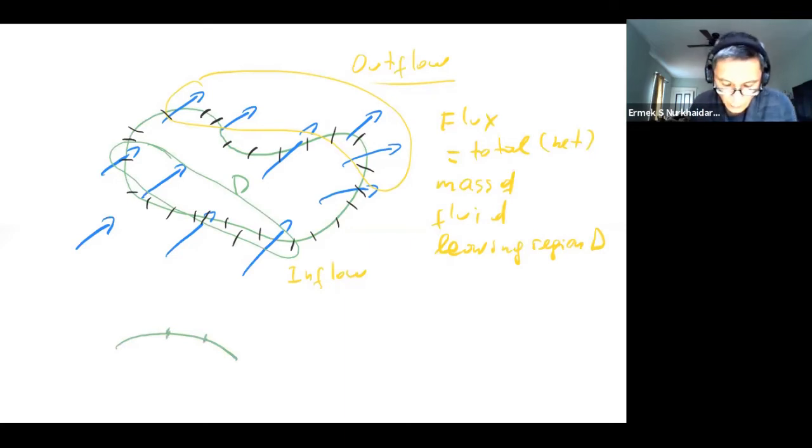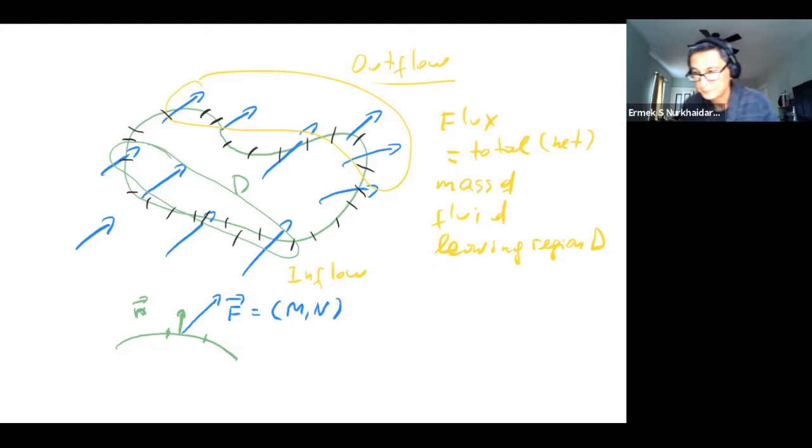So we have our normal vector here. And then we have our fluid given by vector F, which is going to have M and N coordinates.